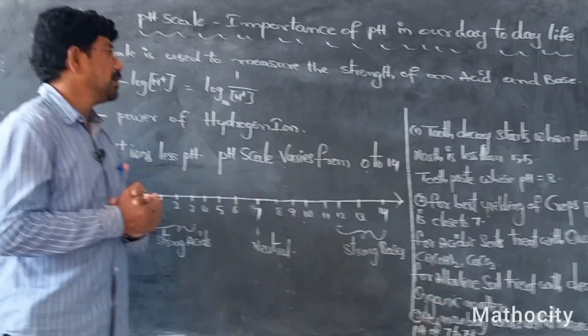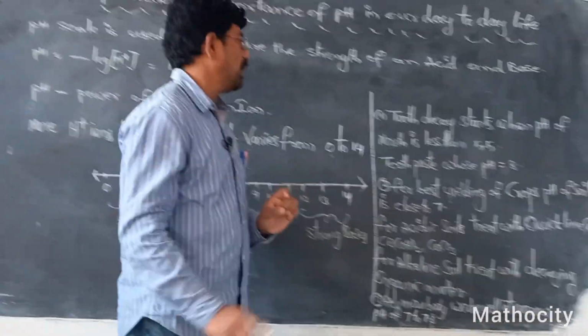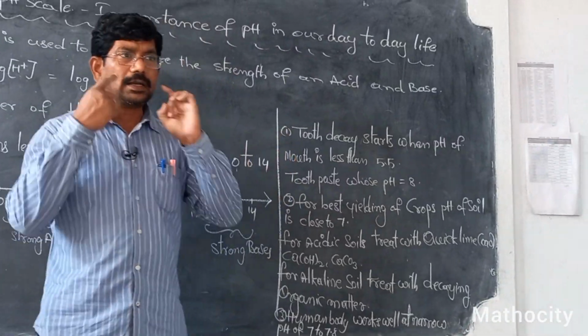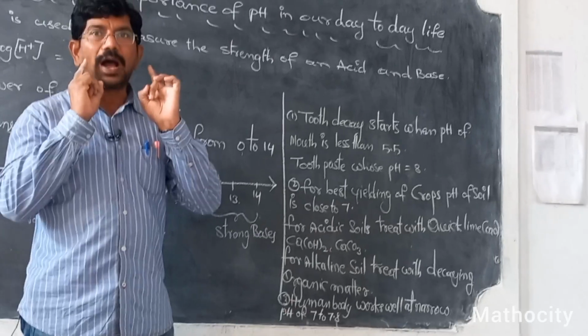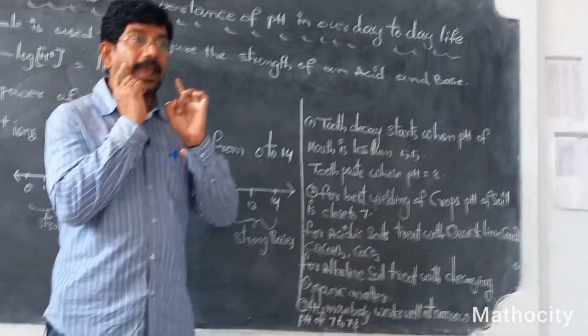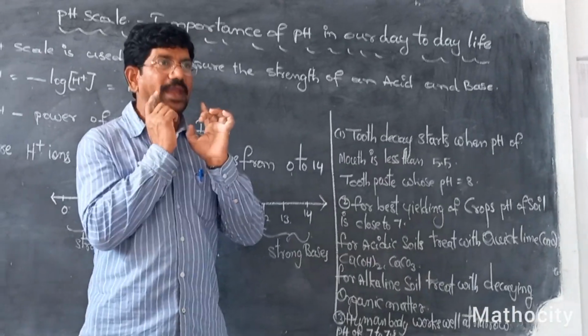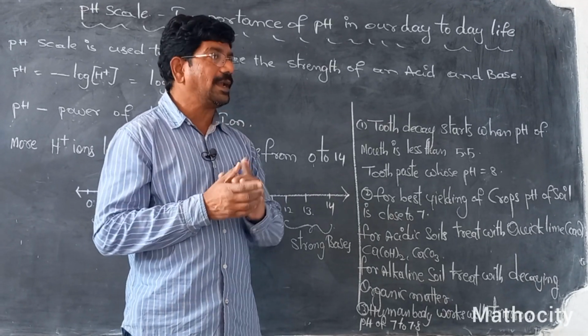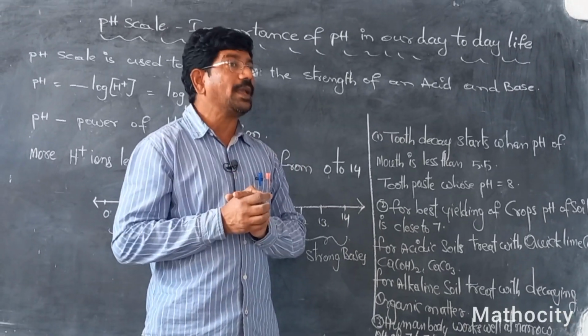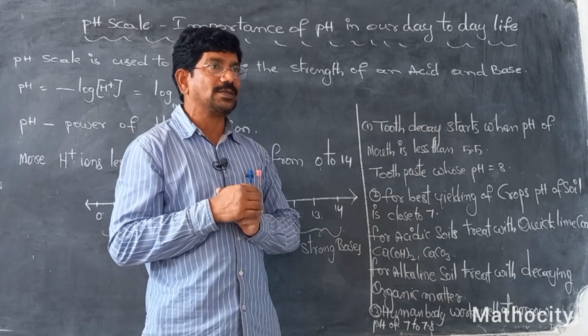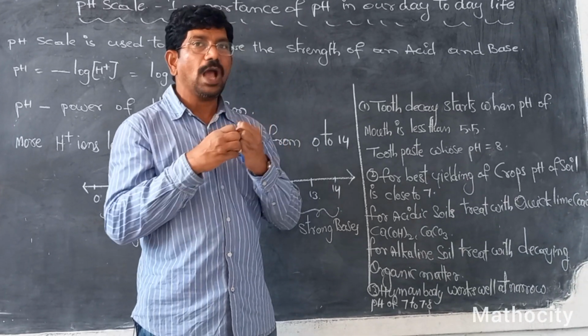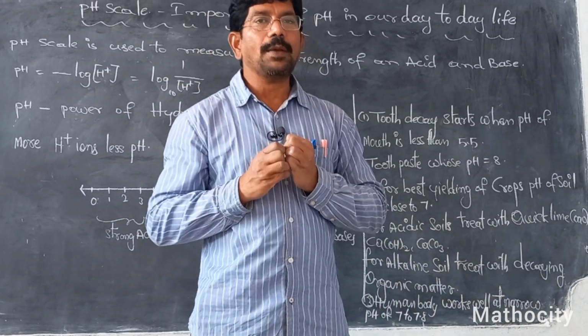Now, come to the importance of pH in our day-to-day life. Our teeth are made up of a coating called enamel, which is calcium phosphate. That is the strongest one, and it can be corroded by the action of acids produced inside our mouth. How are the acids produced?